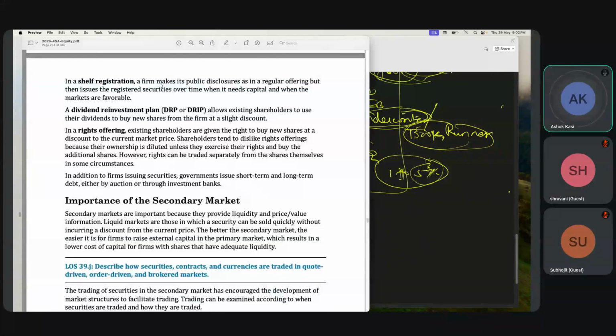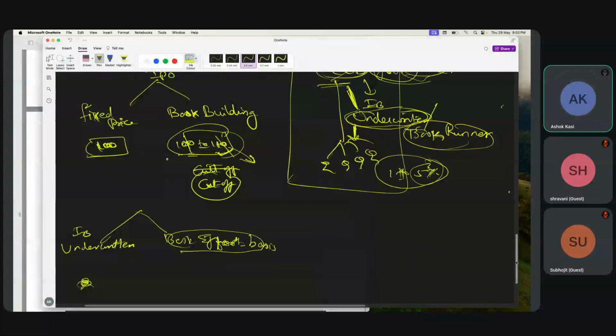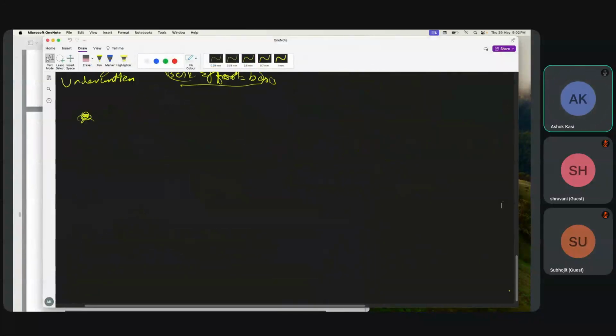Then shelf registration. In a shelf registration, your firm makes its public disclosure as in a regular offering, but then issues the registered securities over time. That means, have you heard about Muthoot Finance Company?